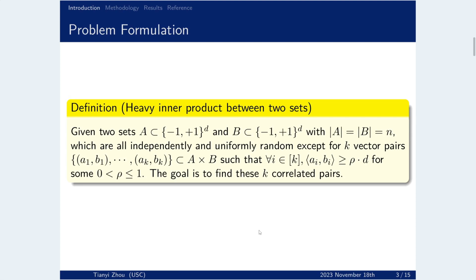There are k vector pairs like small a1, small b1 to small ak, small bk, that's sampled from set A and set B, so that the inner product of them is larger than rho times d for some rho that ranges from 0 to 1. And the goal of the problem is to find these k correlated pairs.